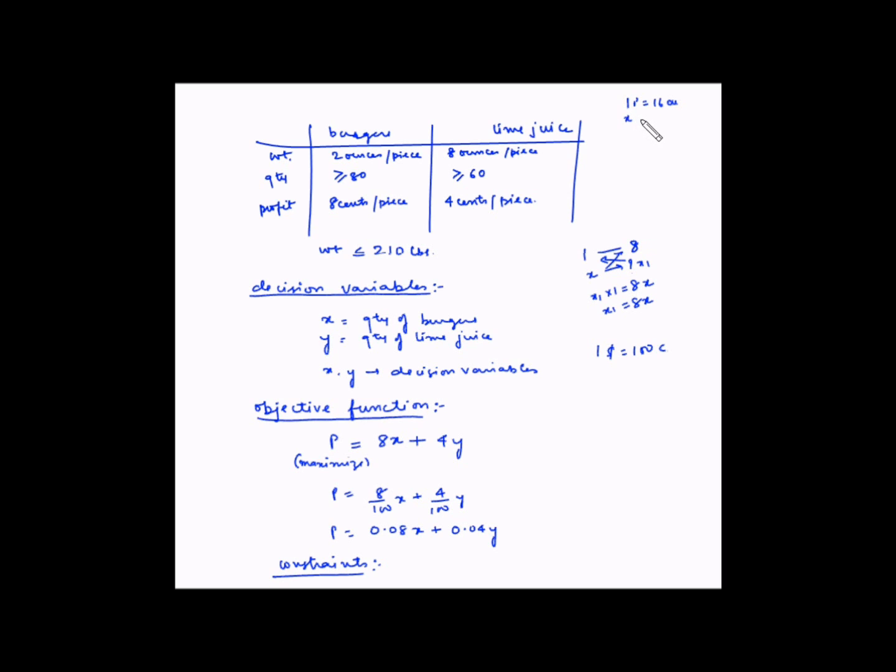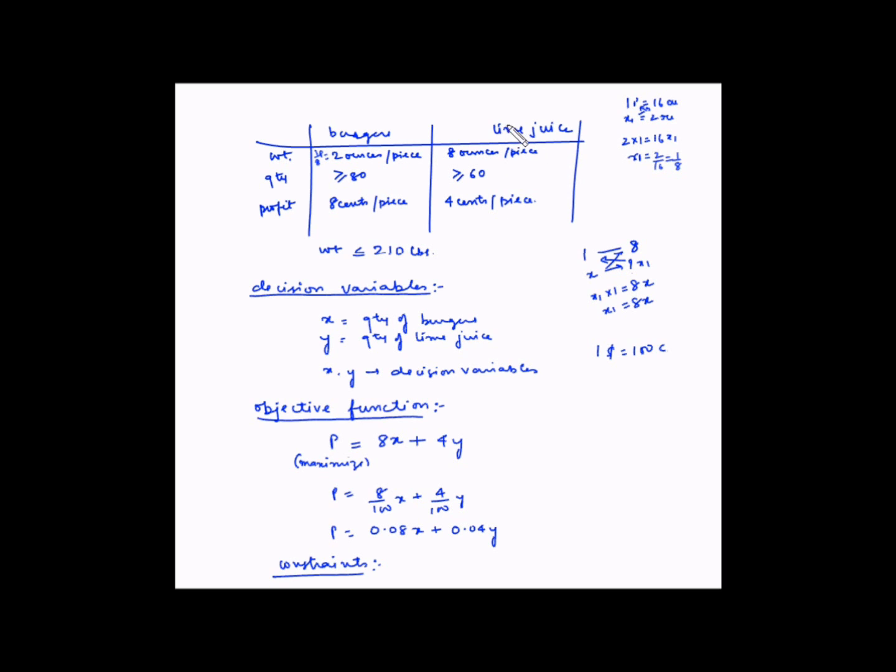So x1 pounds is equal to 2 ounces. Now if we cross multiply, 2 multiplied by 1 is equal to 16 multiplied by x1. x1 is equal to 2 divided by 16, which is 1 by 8. So this is 1 by 8 pounds, which is equal to 2 ounces.